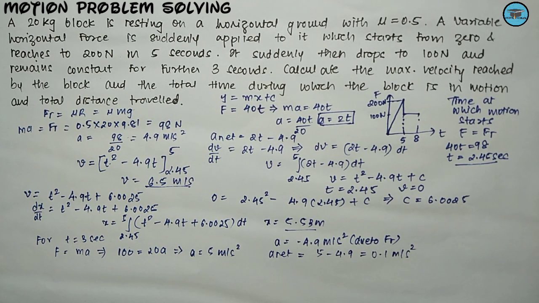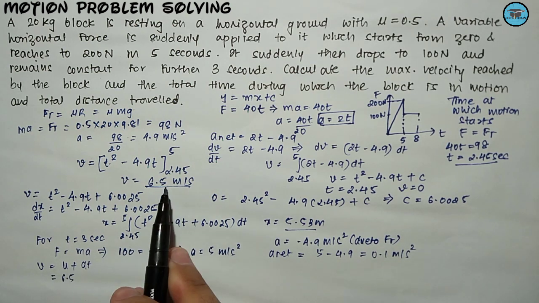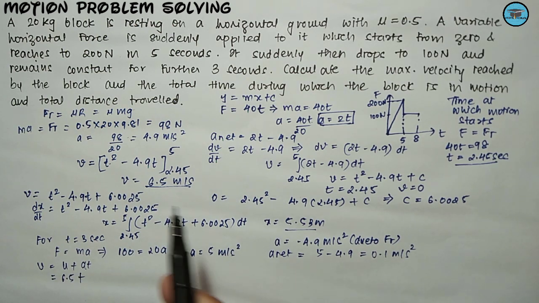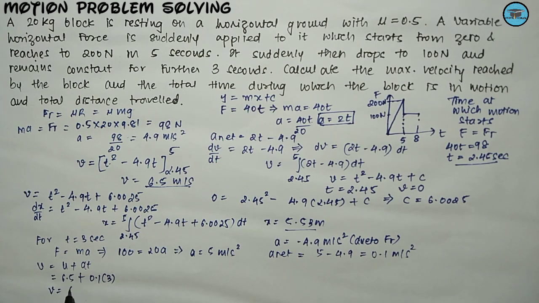Now we are applying the law of motion, that is v equals u plus at. So u is given as 6.5 that we have obtained, plus acceleration that is 0.1 and time that is 3 seconds, so into 3. So we get the value of v as 6.8 meter per second.